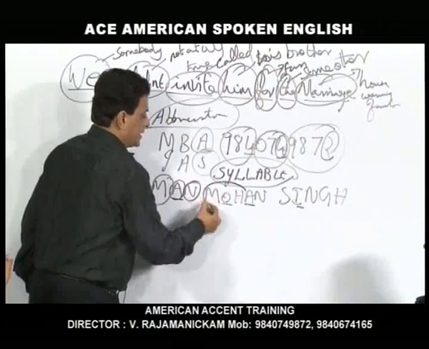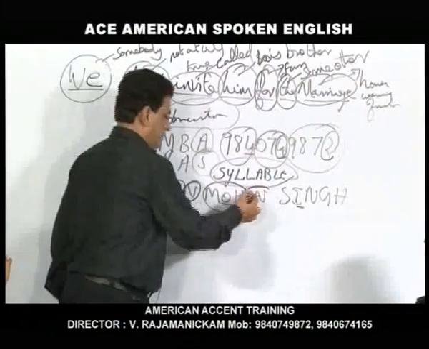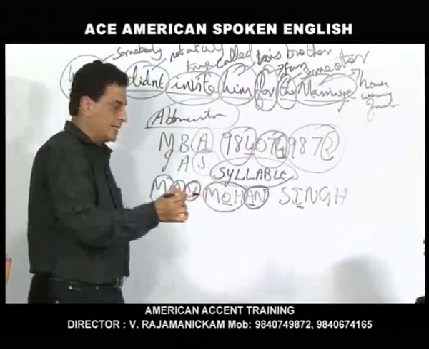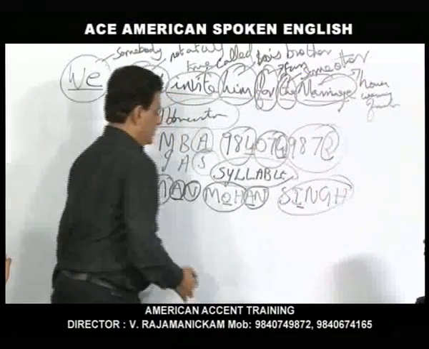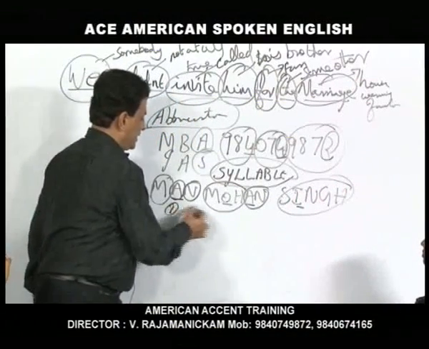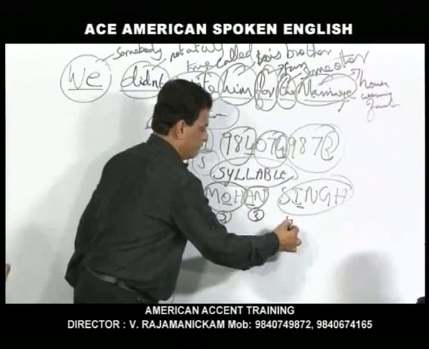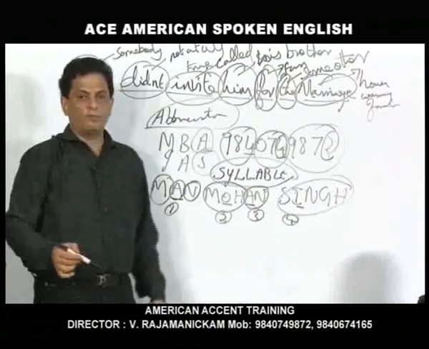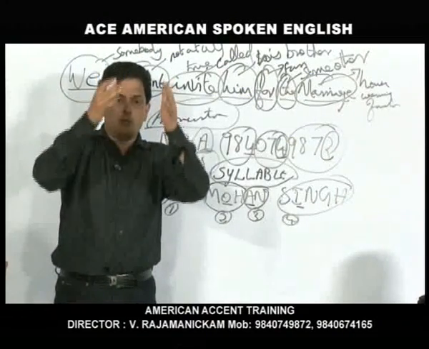4 vowels are there. This first vowel A takes the 2 consonants nearby M and N to say man. A takes M and N, man. O takes M and H, mo. A takes an, man, mo, han. I takes S and NG, sing.